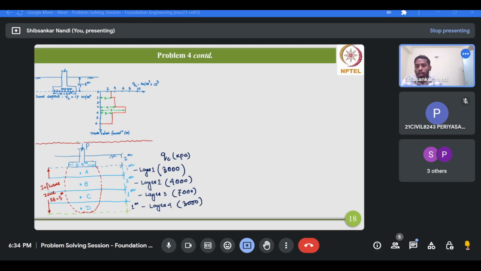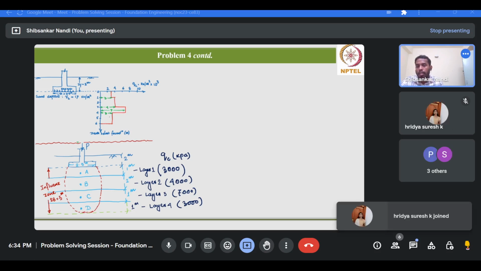Now, what are the thicknesses of these layers? The thickness of the first layer is 1 meter, so 0 to 1. Coming to the second layer, it's 3 minus 1, that means 2 meters. For the third layer, it's 4 minus 3, that is 1 meter.